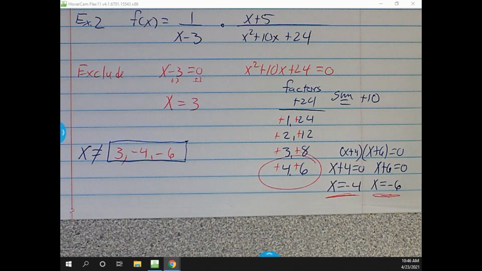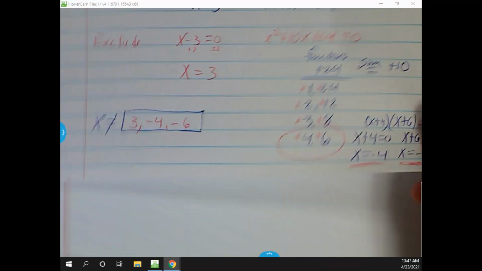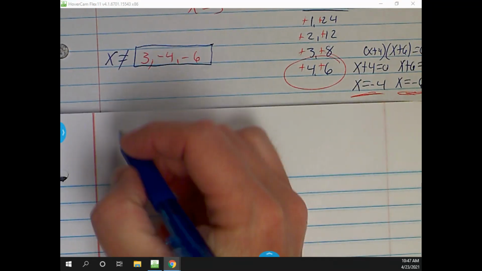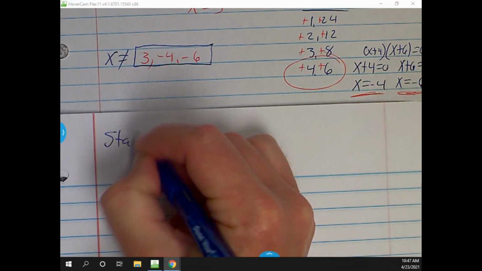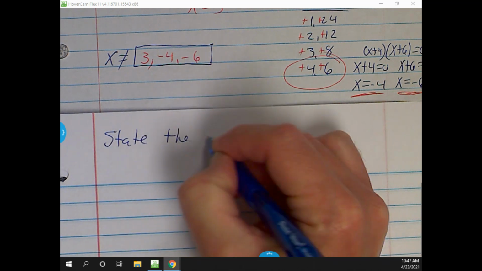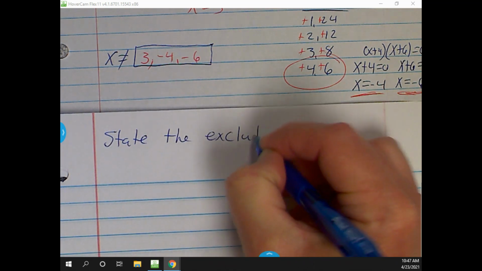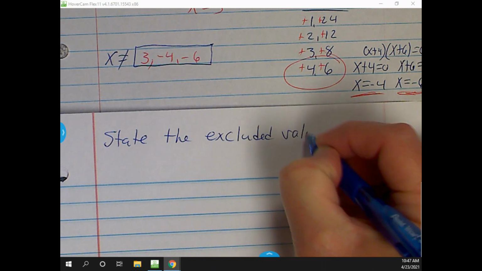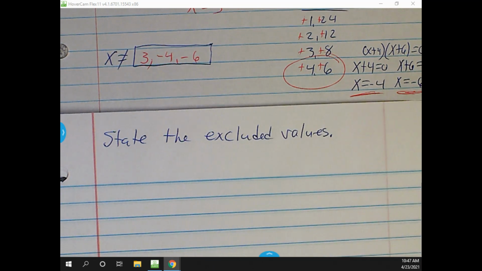Okay, so after we work through the excluded values, here's where they'll start actually having you do a few things. They will have you do 2 things. We're going to state the excluded values, just like we were doing with this one.